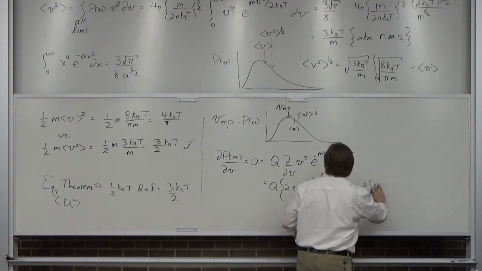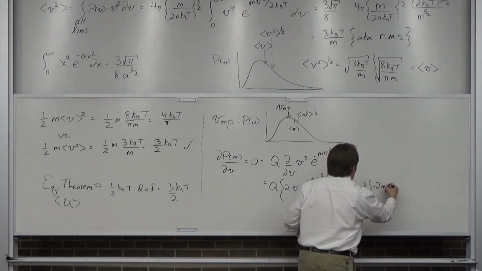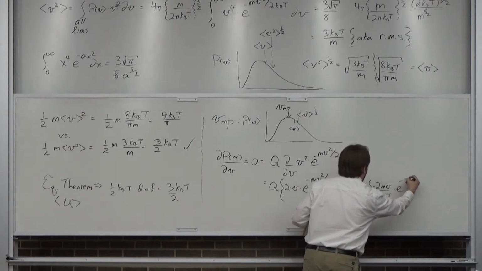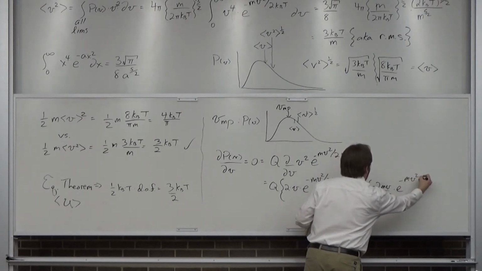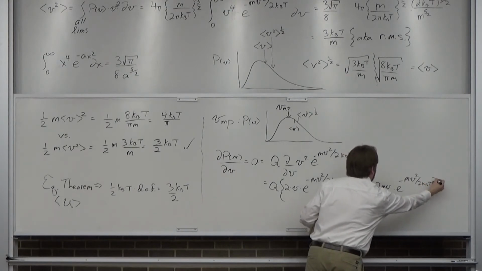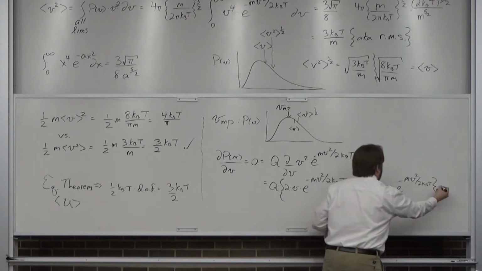That's going to be minus 2mv over kBT. And then as usual with exponentials, they never really go away. And it's still all equal to 0.